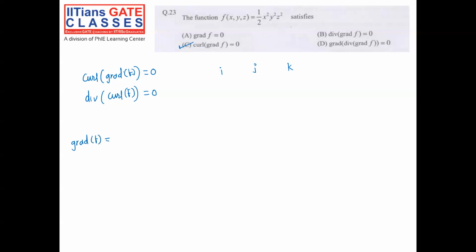f. The gradient of f is, in this case, del dot f.